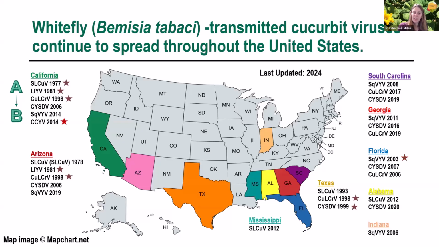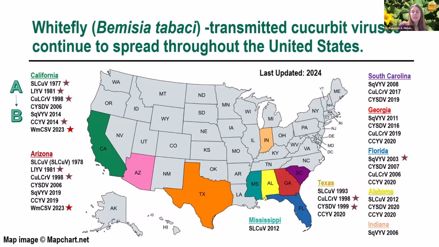CCYV in 2014 was described in California, and then that also spread to Arizona and to the southeast. And most recently, watermelon chlorotic stunt virus in 2023. Thus far, as far as we know, it is still limited to the west.